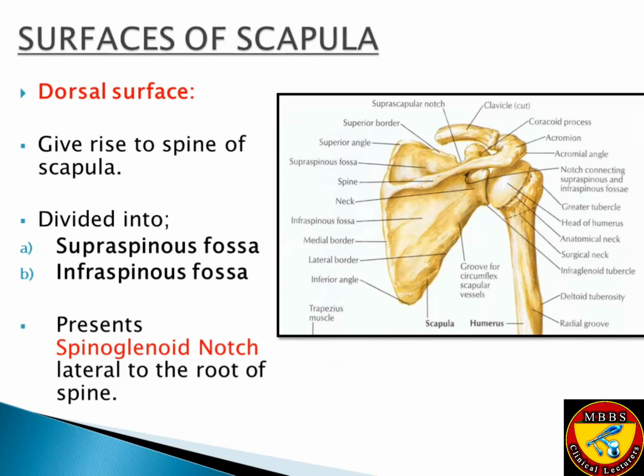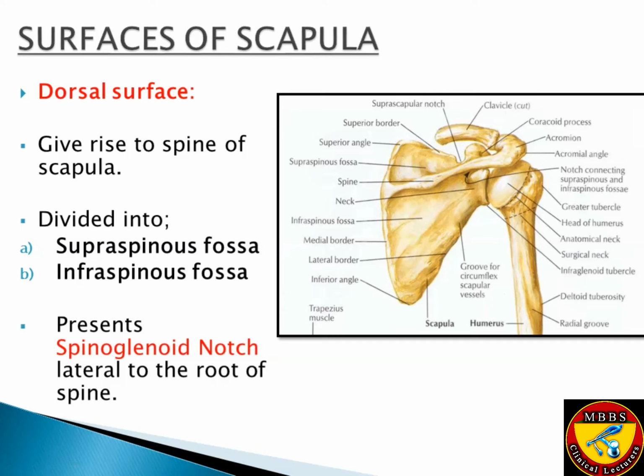The posterior surface is also called the dorsal surface. Now when you look at the dorsal surface, it gives rise to the spine of the scapula. Remember, I said that the scapula has three processes: coracoid process, acromion process, and a spinous process.